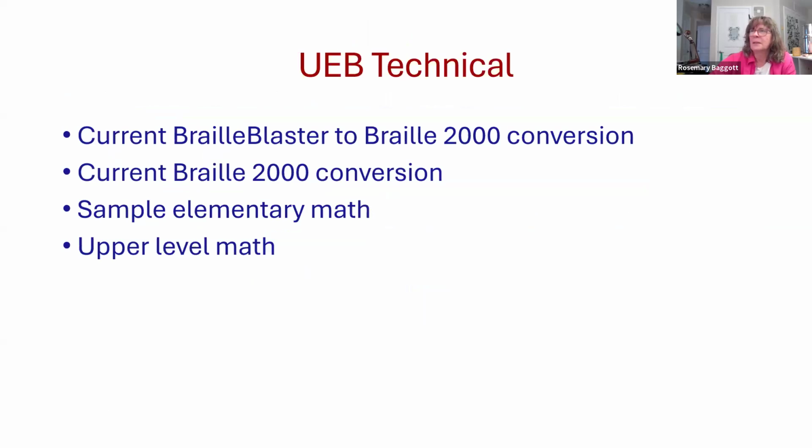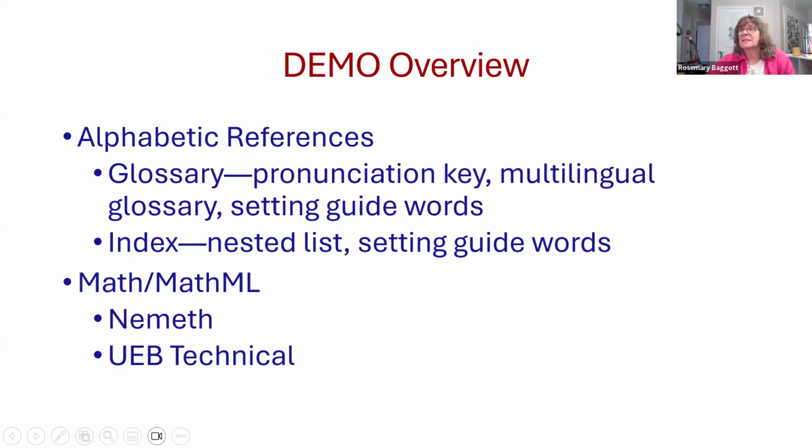What I'm demonstrating primarily today is the Braille Blaster to Braille 2000 conversion, and it's more upper level math, but it includes the elementary too. We're going to demonstrate alphabetic references. I'll show briefly how the pronunciation key comes in a glossary, a multilingual glossary, and how to set the guide words.